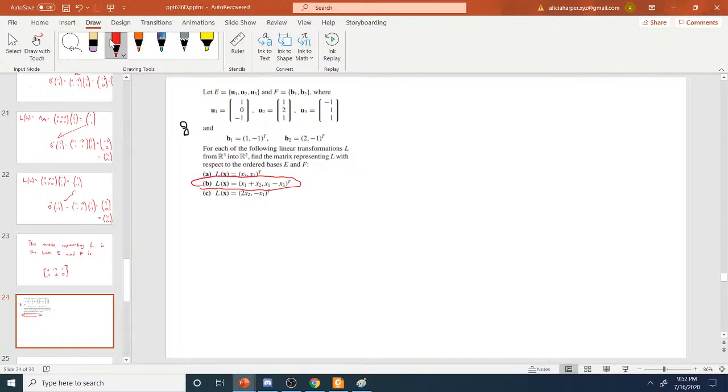So as before, step 1 is to represent L in the standard basis.